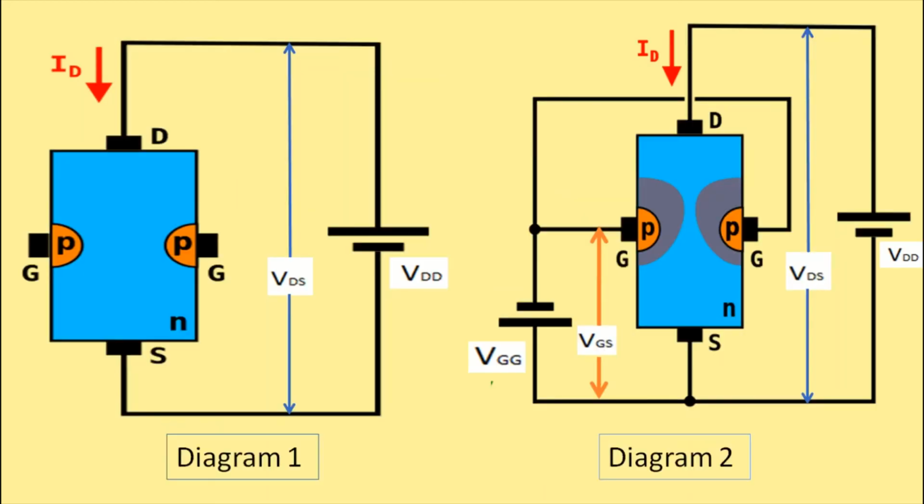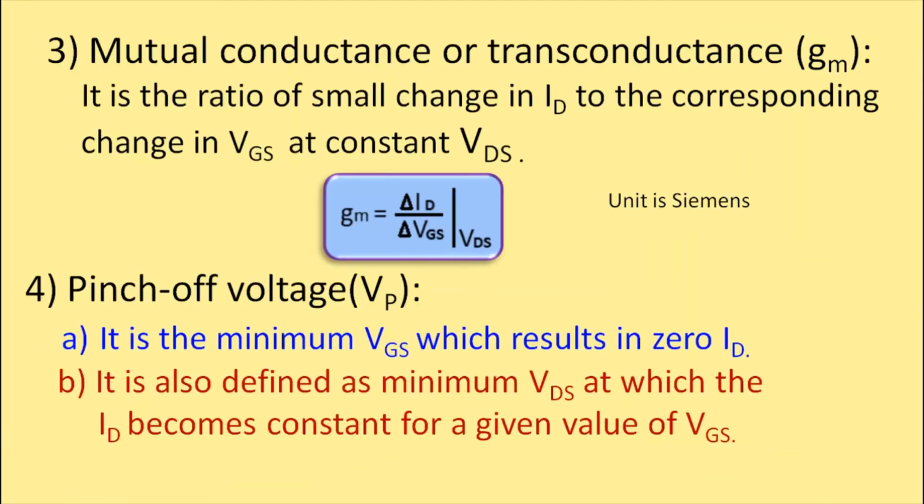If you remember, during the explanation of working of FET, I had used both these circuits. Accordingly, we can define the pinch-off voltage as, one, the minimum VGS which results in zero drain current, and the other possible way of defining it is as the minimum VDS at which the drain current becomes almost constant for a given value of VGS.